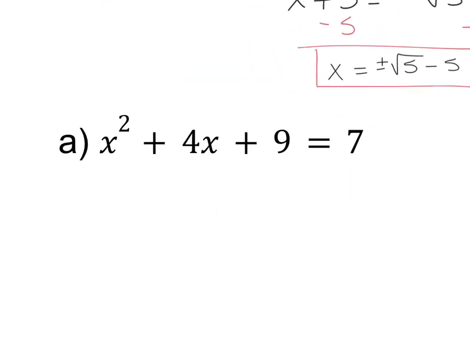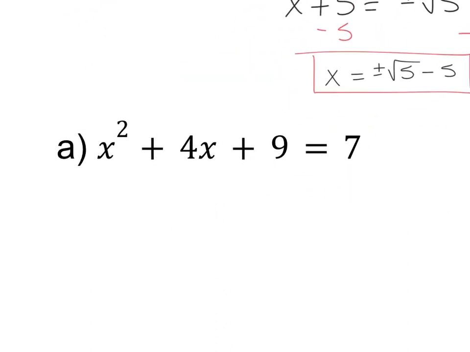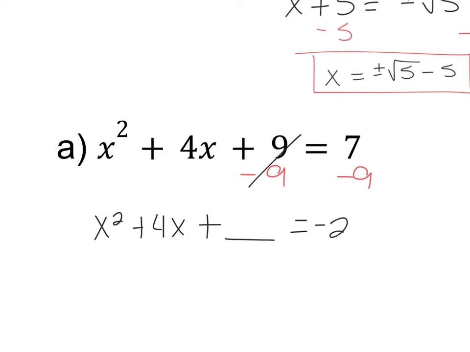Okay, so this next one, let's do another one. First step is, of course, moving your constant over. So I have minus 9, those cancel, and so I have x squared plus 4x plus, and I'm gonna leave a blank to complete the square, equals 7 minus 9 is negative 2.